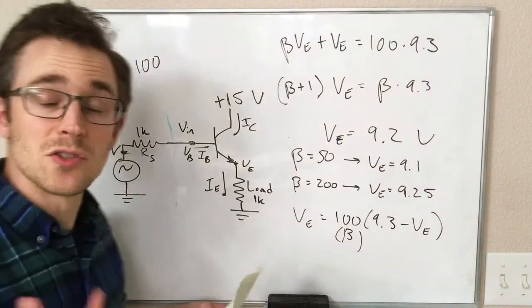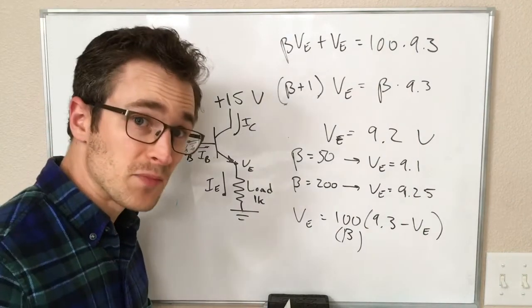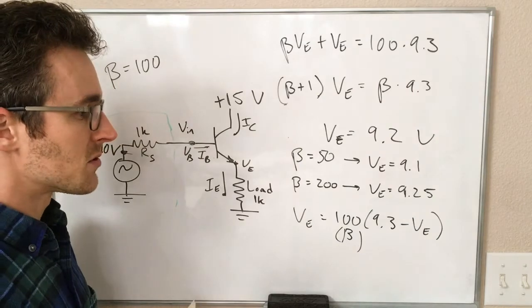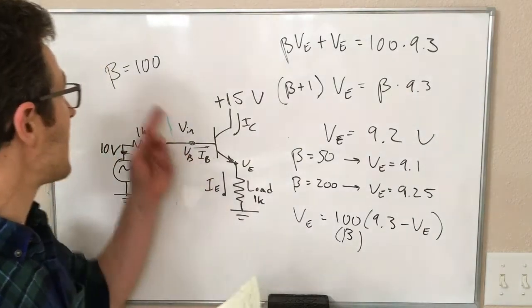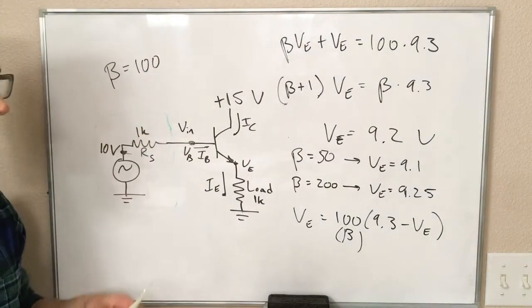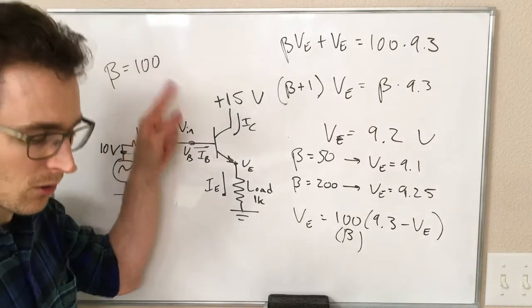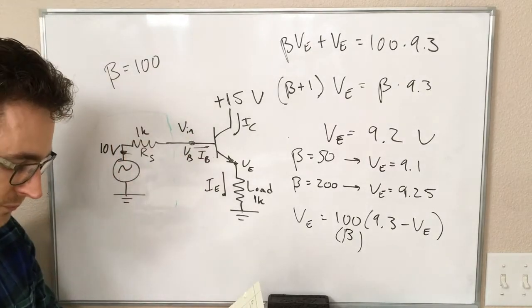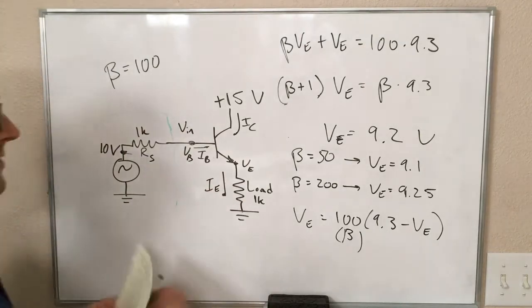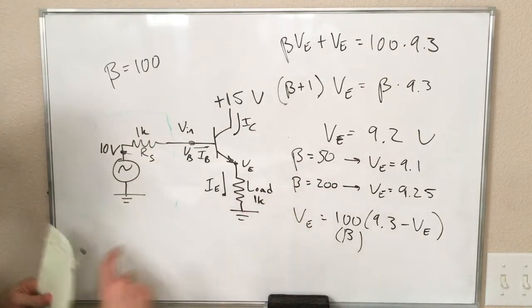It also changes with temperature, and that can create problems also. So you can rely on beta being in the ballpark, but not being 100, and not 110 or 90 or things like that. Okay, anyway, so that's how we analyze this.